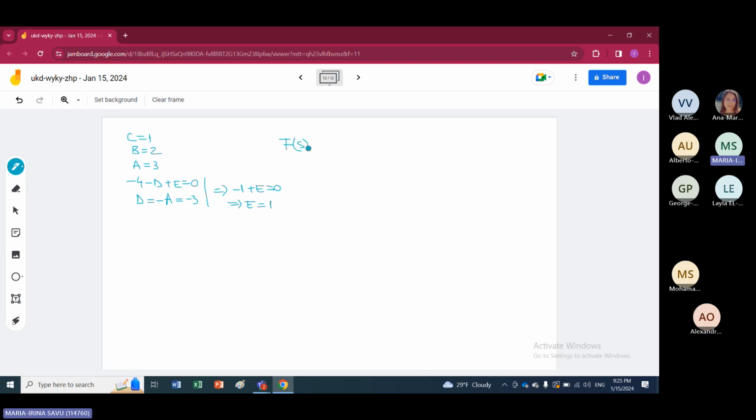And let's see the function f of s. What's s? s squared, s cubed, s minus 1, s minus 1 squared. Here we see a is 3, b is 2, c is 1, d is minus 3, and e is 1.